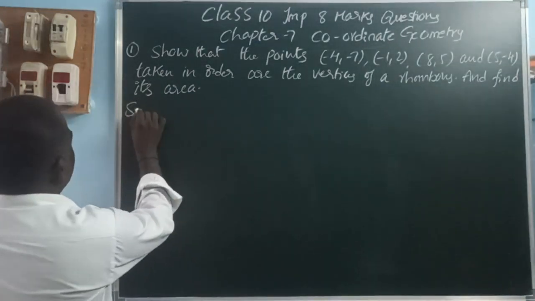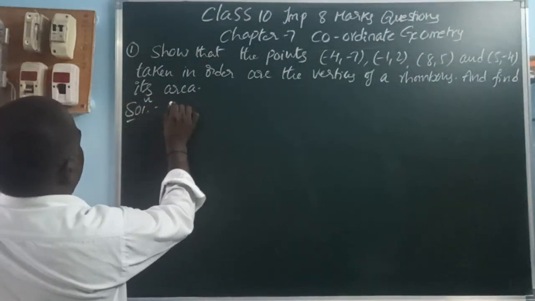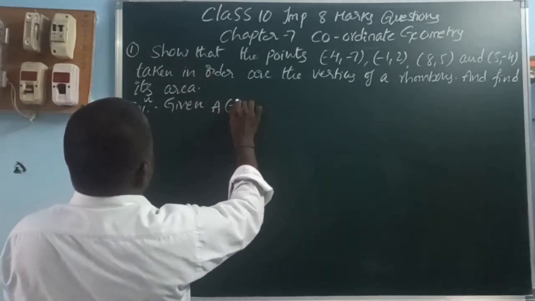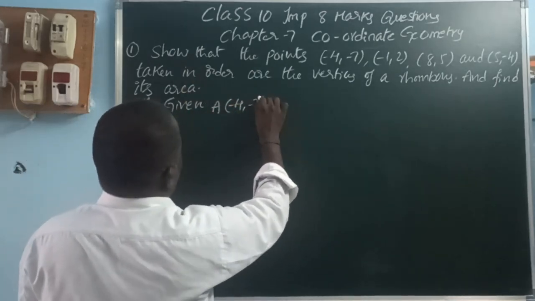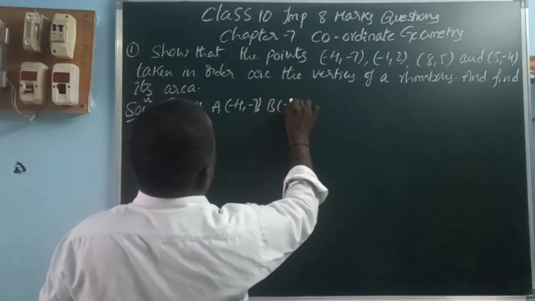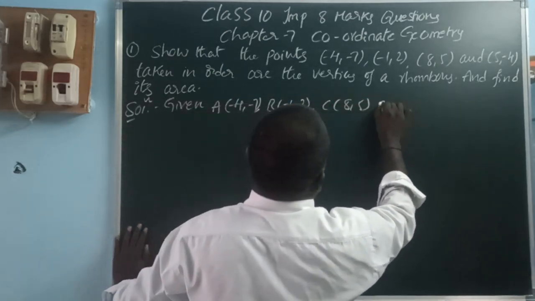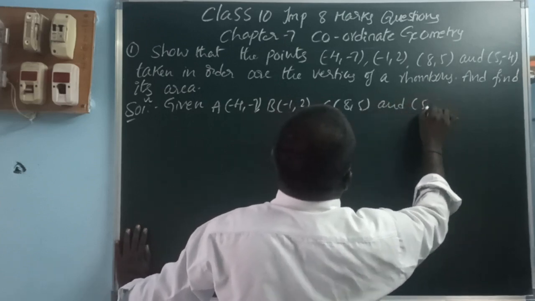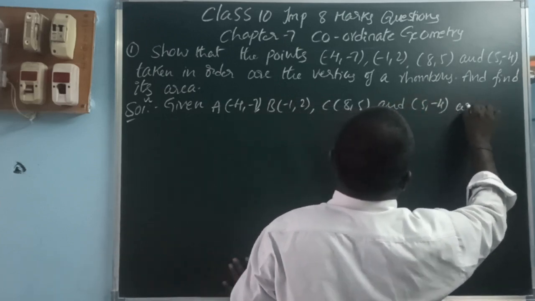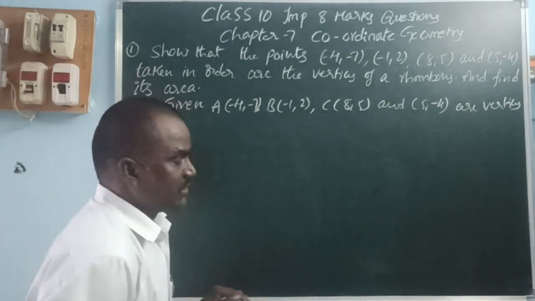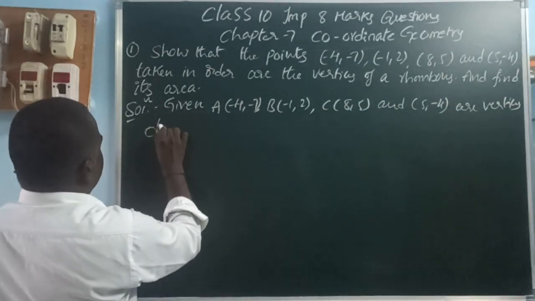So here, given A(-4, -7), B(-1, 2), C(8, 5) and D(5, -4) are vertices of a quadrilateral. First find distance AB.